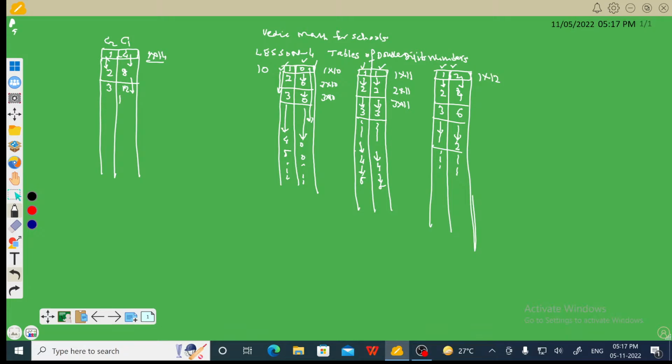Now see, here we have reached a double-digit number. So of this double-digit number, the first column number will be retained and the second column digit will be carried forward, and it will make, instead of 3, 4 2. So at this step the table will be 42.